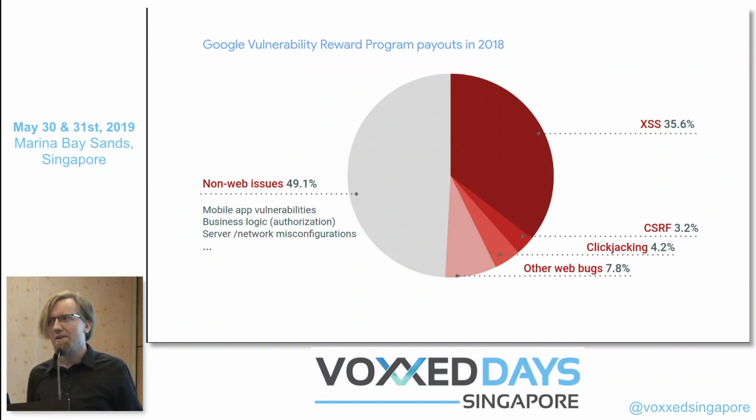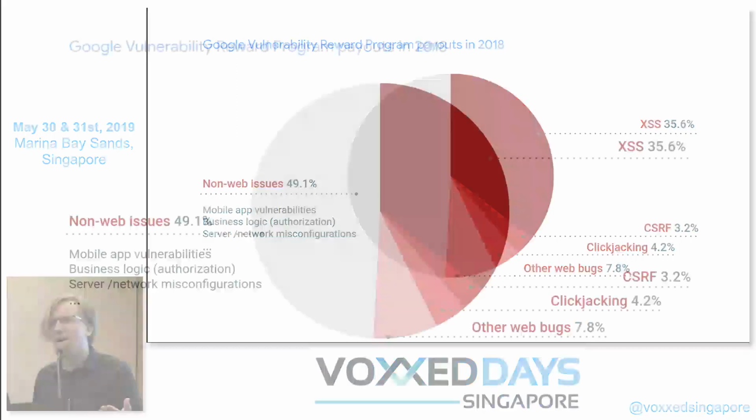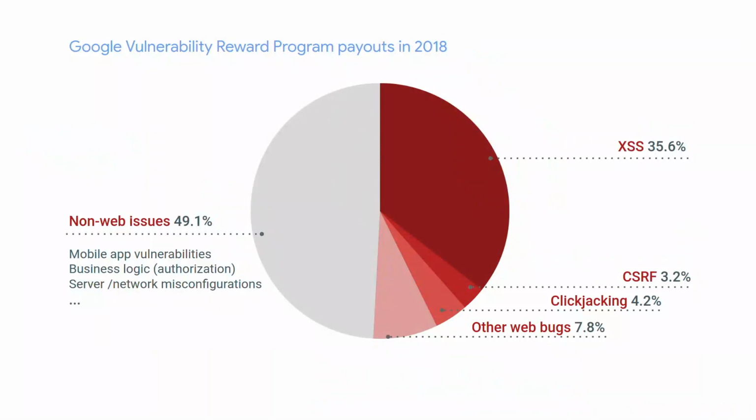Those of you who are on this side of the audience can probably see the left side of the chart. For those of you there, I'm sorry, but I can tell you what they are. On the left side of the chart, there are vulnerabilities that are not related to the web. Those are direct bugs in server-side logic, in authorization, authentication, in hardware, and pretty much everything that is not related to the web.